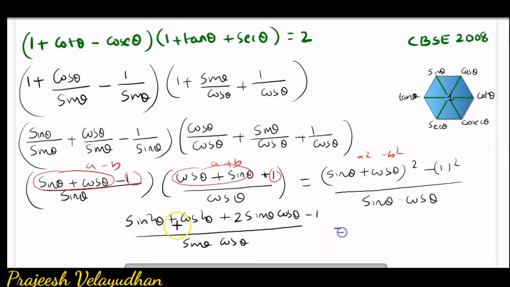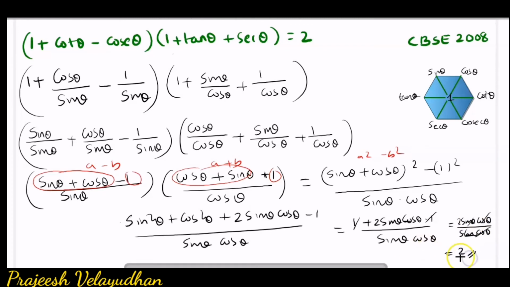Sin square theta plus cos square theta is 1, plus 2 sin theta cos theta minus 1, upon sin theta cos theta. 1 and 1 we can cancel. 2 sin theta cos theta upon sin theta cos theta, we can cancel this. The result is 2, which is equal to RHS.